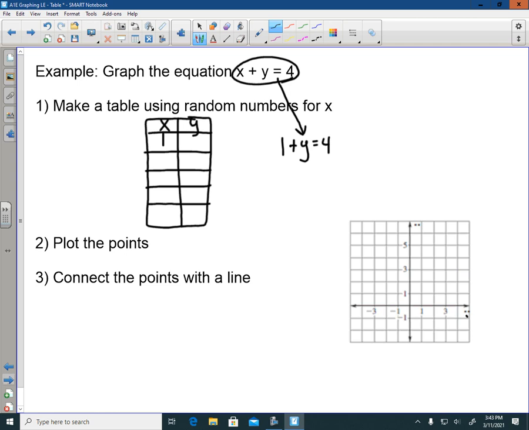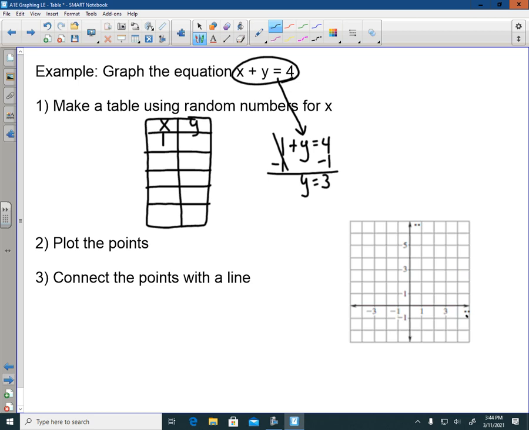Now we have to solve this equation to see what the value of y is. We have inputted the 1. We're going to solve it to get the output that y is. And this is how solving equations comes in handy, because now you just subtract 1 from each side, right, to create that cancellation, and you have y equals 4 minus 1, or 3.